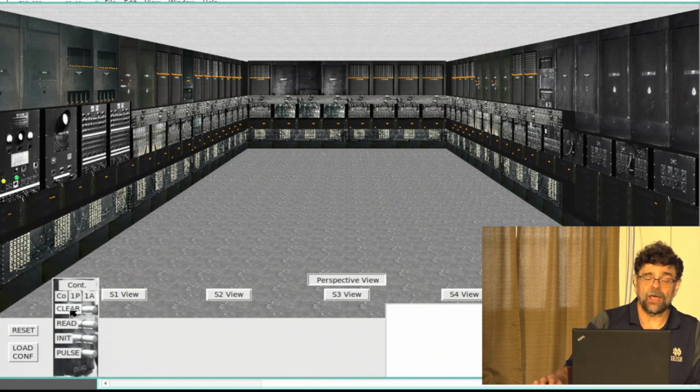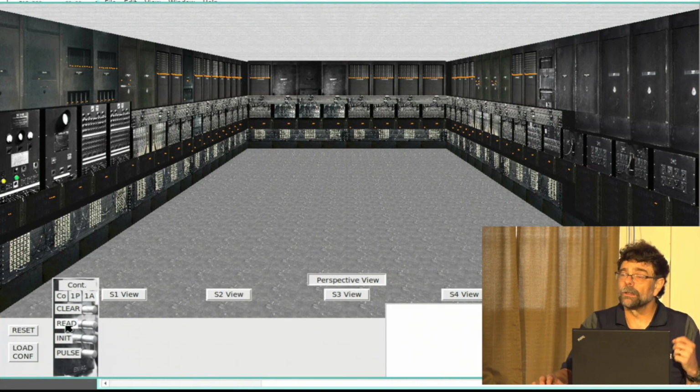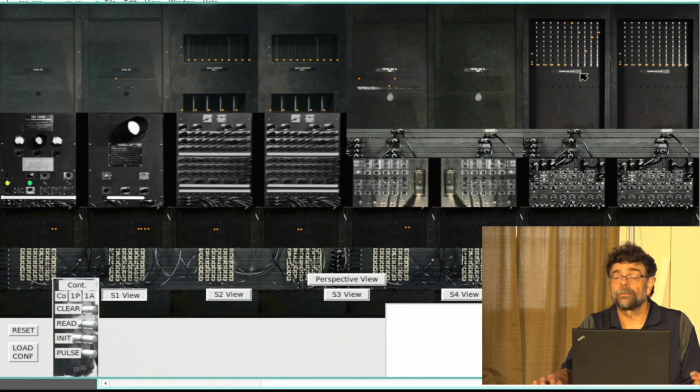So the first step of this was to read some constants off of a punch card. And we loaded those into an accumulator. Now, you may not see it very well, but we loaded a constant into this one. So let's look at that. This is the constant that we loaded.